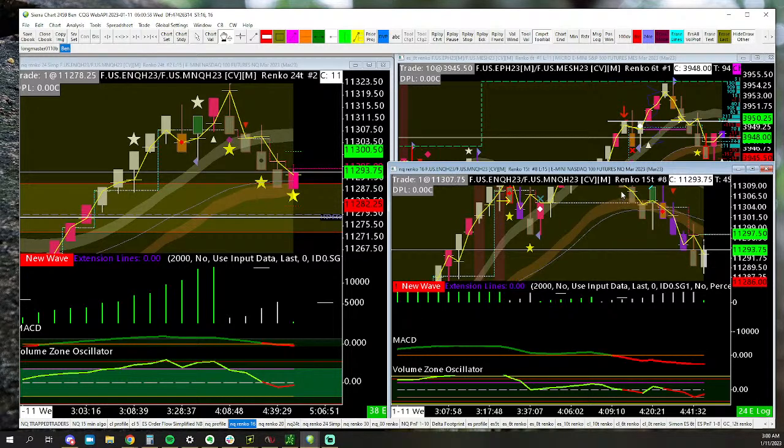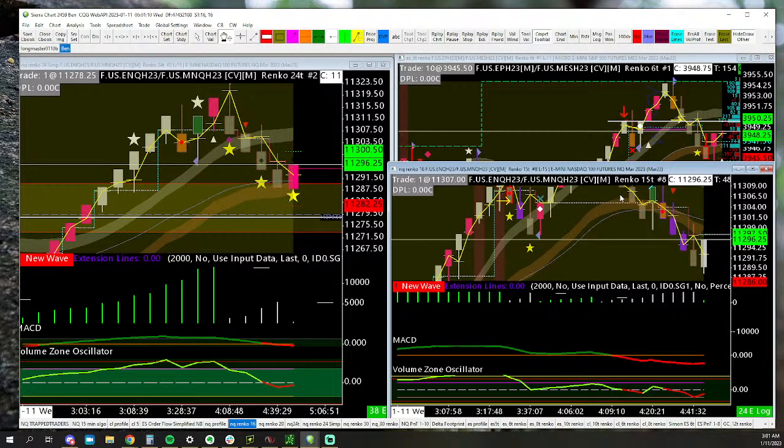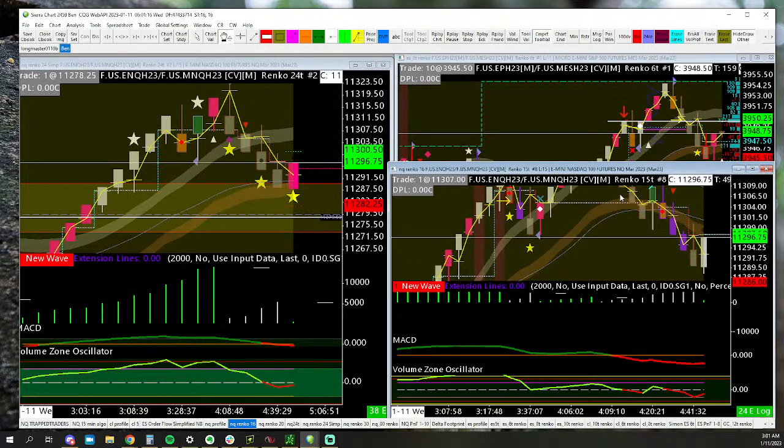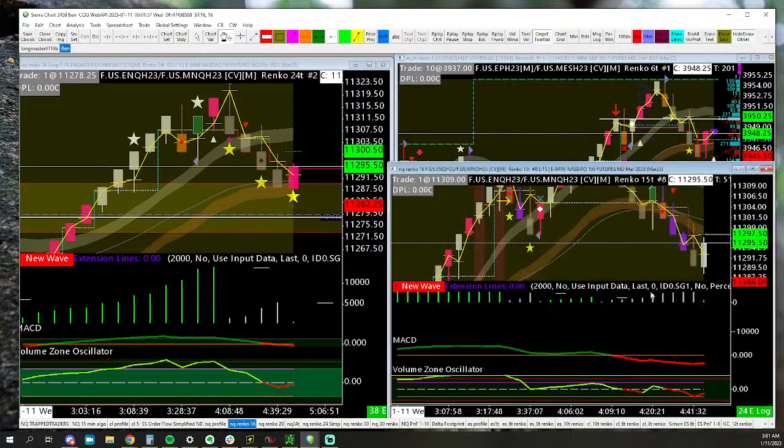Nope. They can't close a single bar bullish. Yeah, there's really nowhere for it to set up. I think I'm gonna call it because there's no real opportunity here.